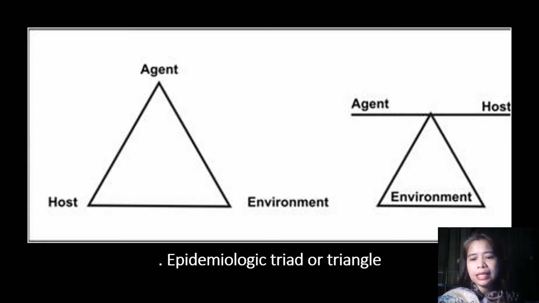So basically, we have to figure out that this has to be balanced. Agent and host are basically balanced by the environment. When the environment favors the growth of the agent, the host will be affected. So let us see how these things are going on.